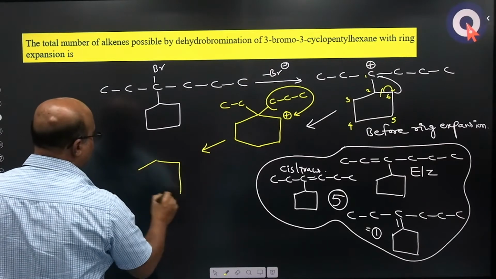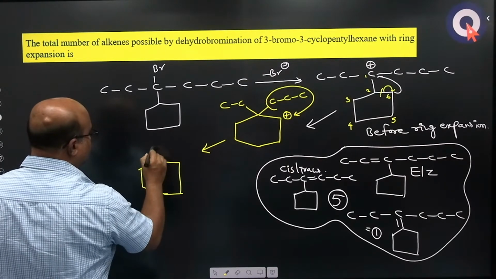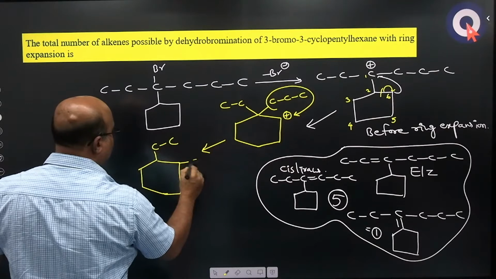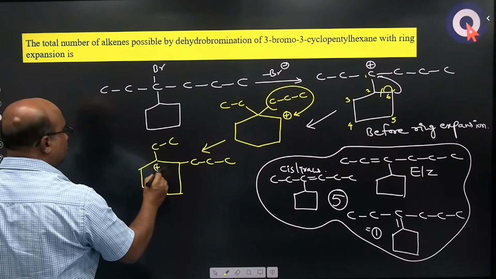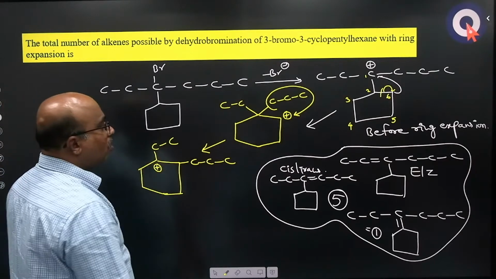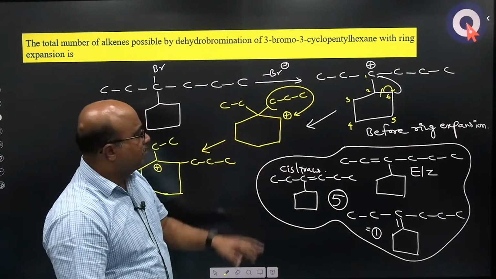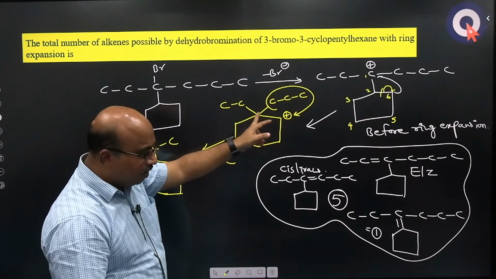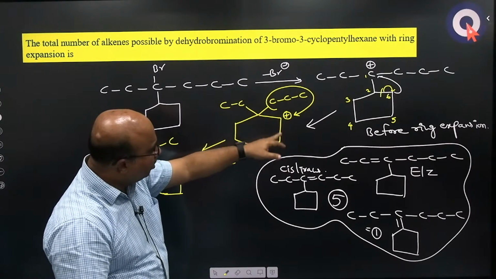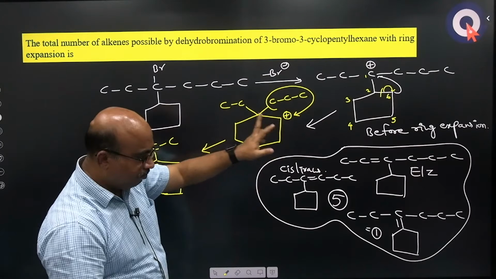So, you will see ethyl here, propyl here, then positive charge here. So, how many may we be getting here? So, from this do we get any alkenes? At this carbon we can't see any loss of hydrogen. So, we will see only loss of hydrogen from here.